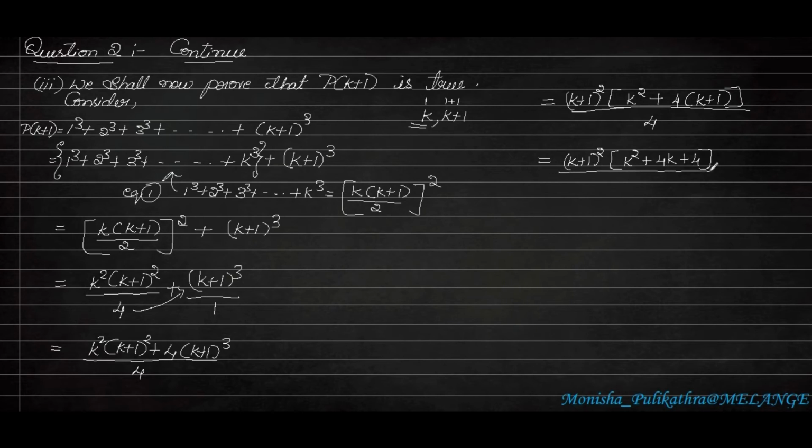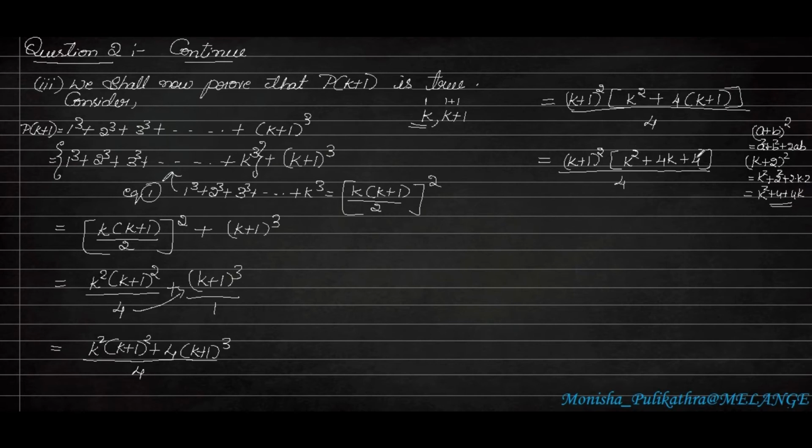Whole divided by 4. So for this section, using the a plus b whole square formula, we know that a plus b whole square is equal to a square plus b square plus 2ab. So in the place of a plus b, if I put k plus 2 whole square, it will become k square plus 2 square plus 2 into k into 2, that is k square plus 4 plus 4k.